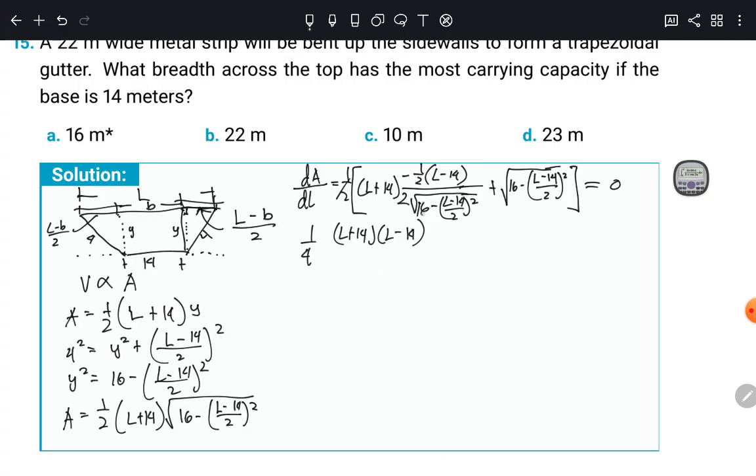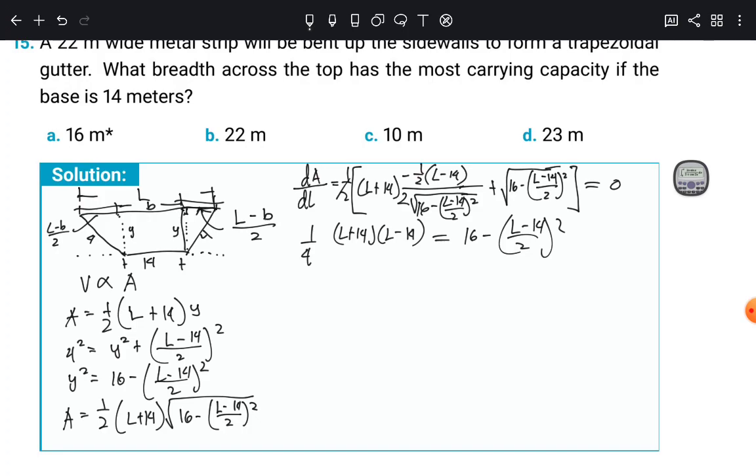Then if you multiply these two square roots, the square root will cancel out, so this will be equal to 16 minus ((L - 14)/2) squared. Here, (L + 14)(L - 14) is the same as L squared minus 14 squared.